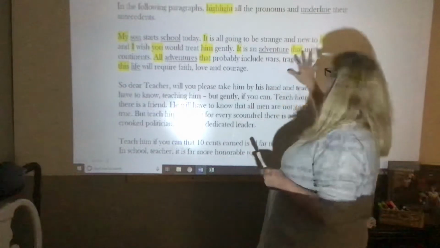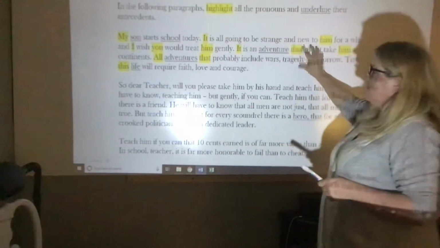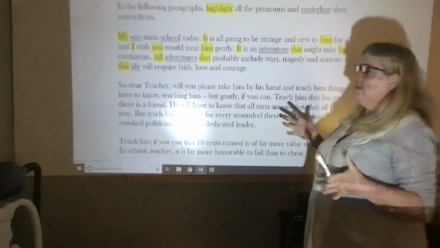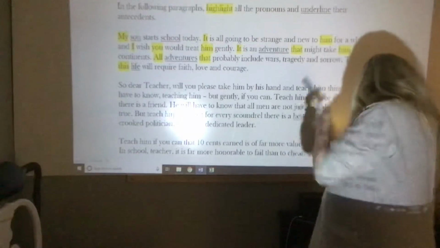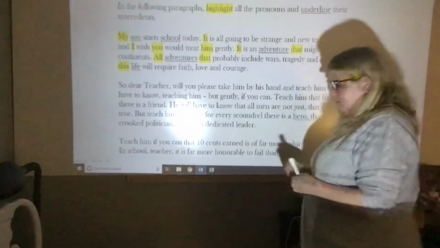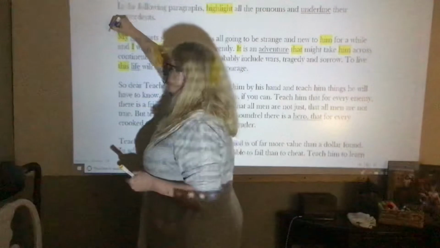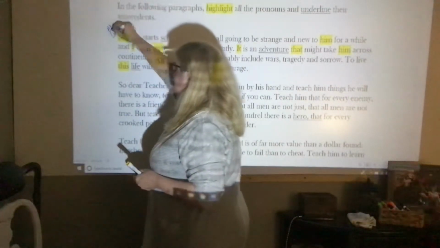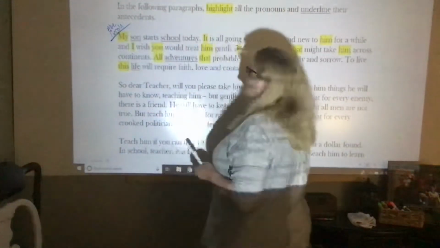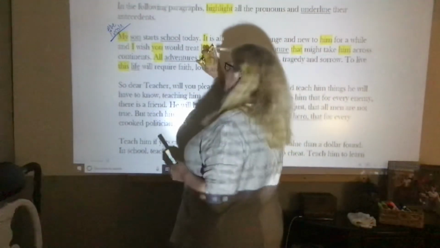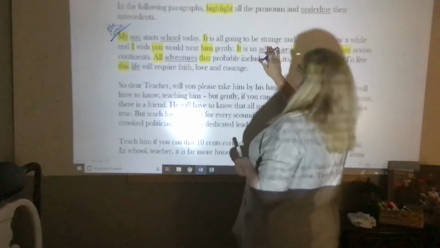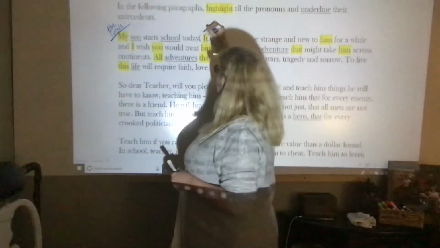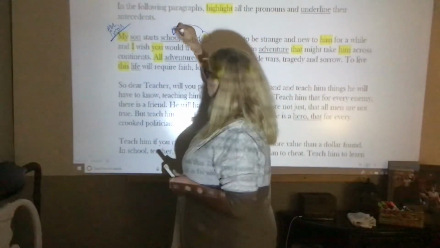The first thing I did is I highlighted, as per the instructions, all the pronouns. Then I went through every pronoun and thought, okay, what is it referring to? What is the antecedent? My is actually referring to Abe Lincoln himself. That's your possessive, so that's not even in here. "It is going to be strange and new to him." What is it? School.